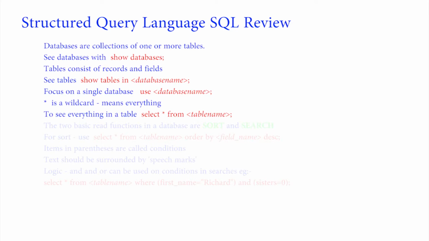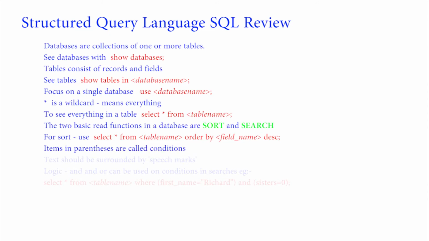The two basic database reading functions are sort and search. To sort, we can enter commands like select and include an order by, or reverse the order by adding desc. Select star from friends, order by birth date, desc, please. To search, we need to take care of how we format the conditions, the items in braces.